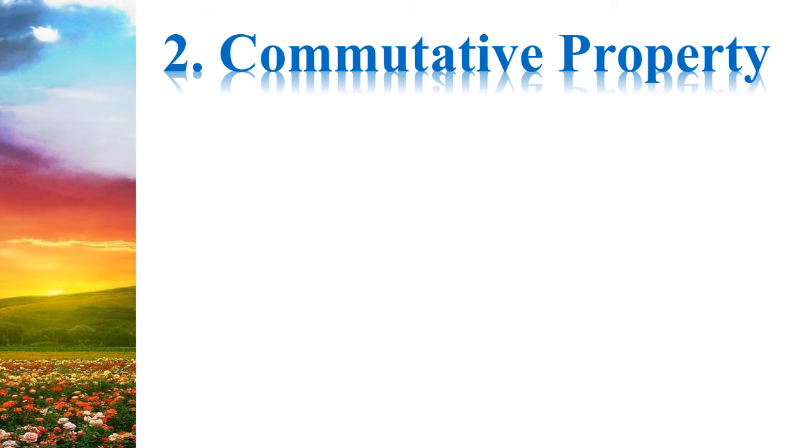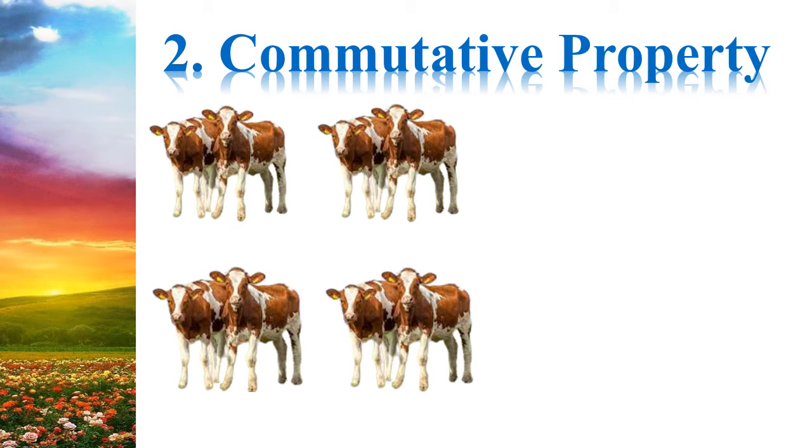Now let us understand with one example. So here 4 groups are there. In each group there are 2 animals. So let us find the total number of animals. Here we find the number of animals in two ways. So the first way, we multiply the number of groups and the number of animals in each group.